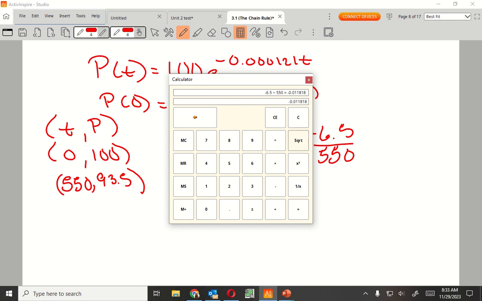It is about negative 0.012. And in AP calculus especially, we always round to 3 decimal points.